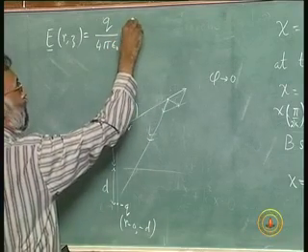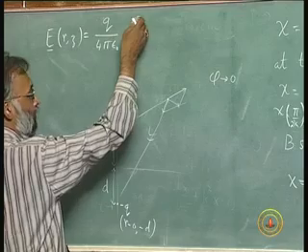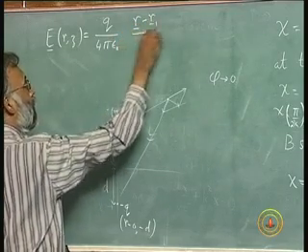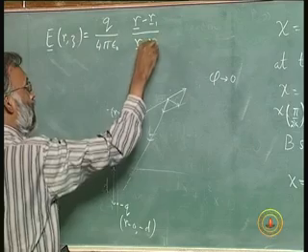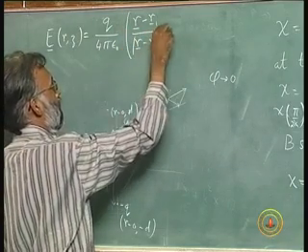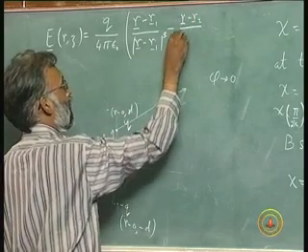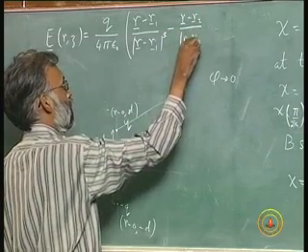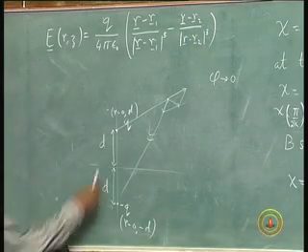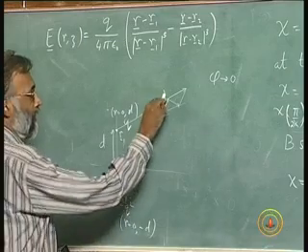I will just write it symbolically because otherwise it becomes messy: r minus r1 divided by mod r minus r1 cubed, minus r minus r2 over mod r minus r2 cubed, where this is r1, this is r2 and this is r.